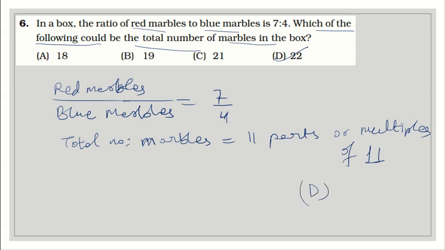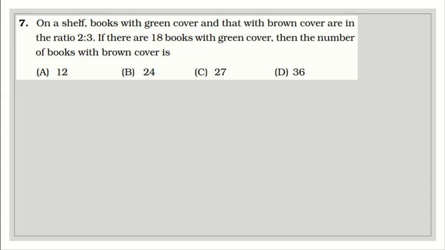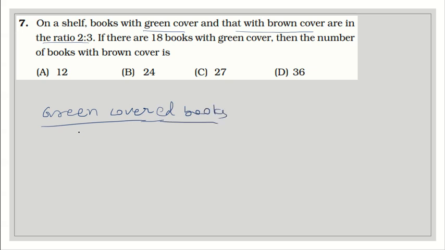Moving on to question number 7. On a shelf, books with green cover and those with brown cover are in the ratio 2:3. That means if I have 2 green cover books, brown cover books will be 3 in number.